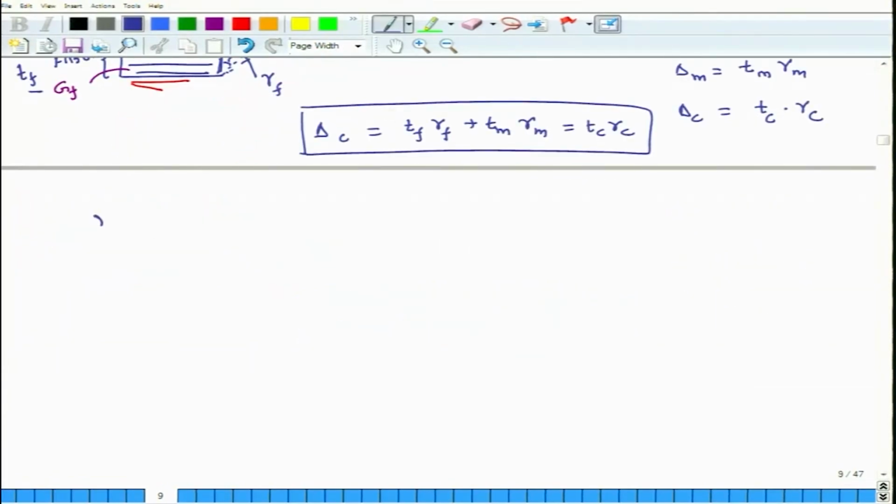So, from here gamma c equals Tf over Tc gamma f plus Tm over Tc gamma m.